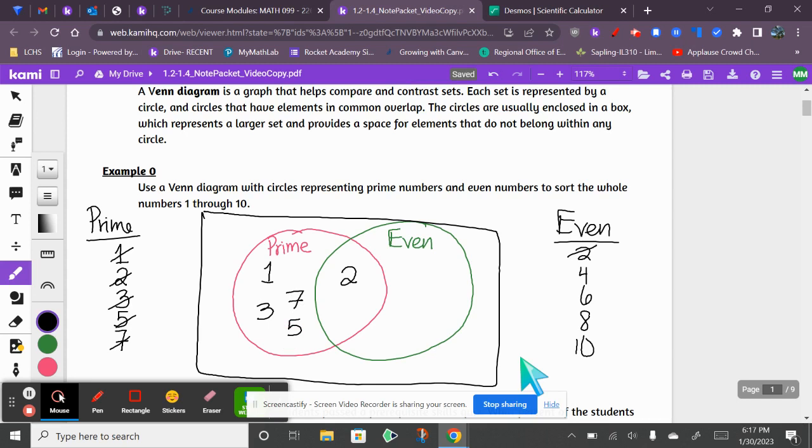We also want to look at which ones are only even. So 4 would be even, 6 would be even, 8 would be even, and 10 would be even.